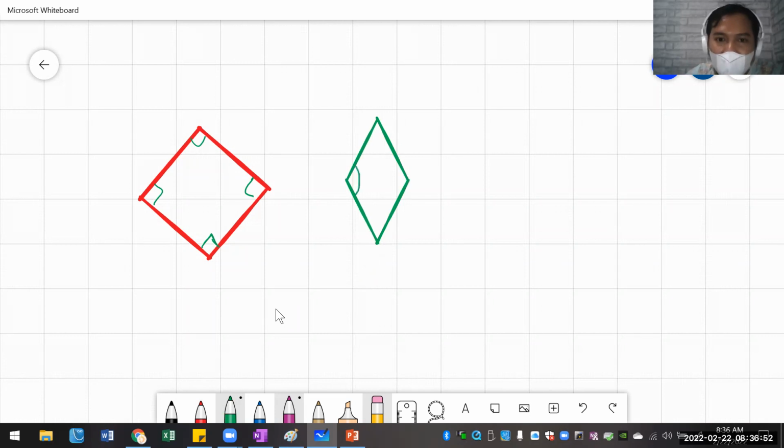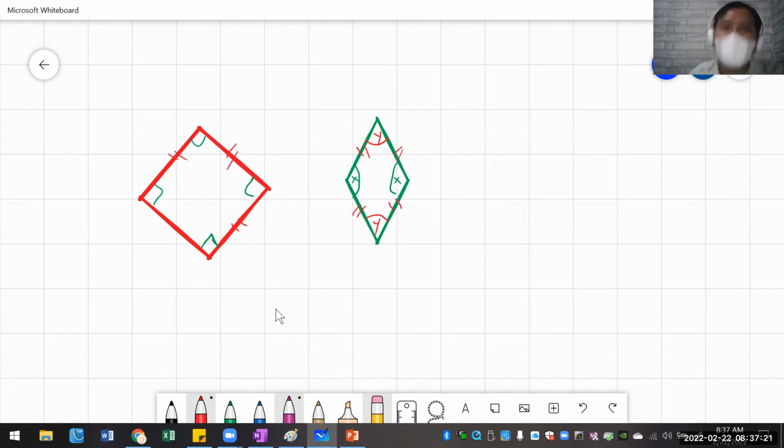This angle and this angle will be one pair, let's say X and X, and the other pair, let's say Y, and X and Y will not be the same. So please pay attention that rhombus and square are different. The difference here is, although the lengths are all the same, yes, I know, the same thing as this one, right?